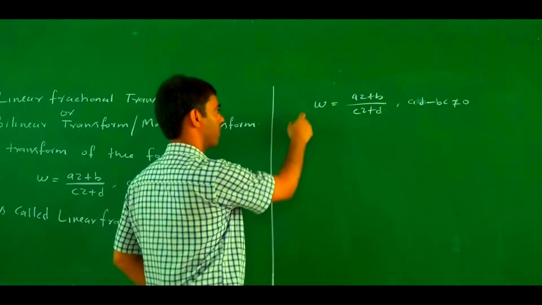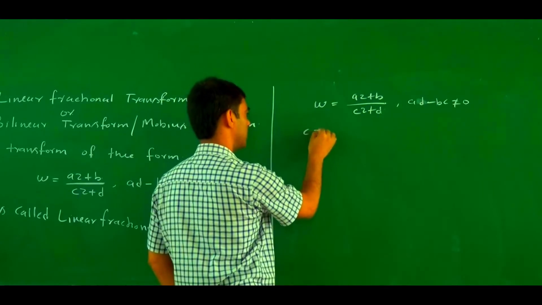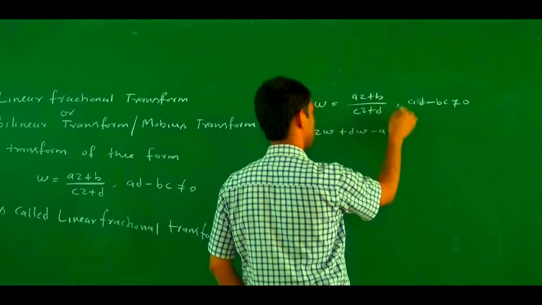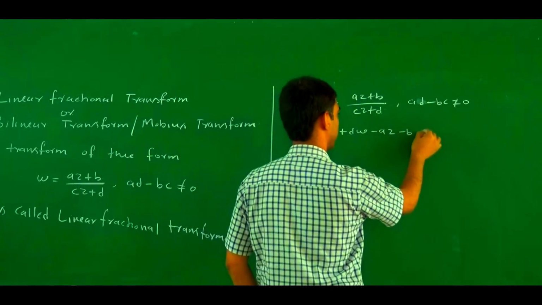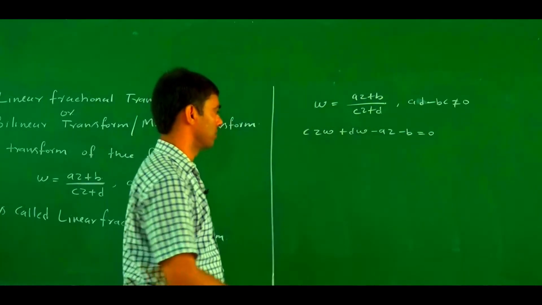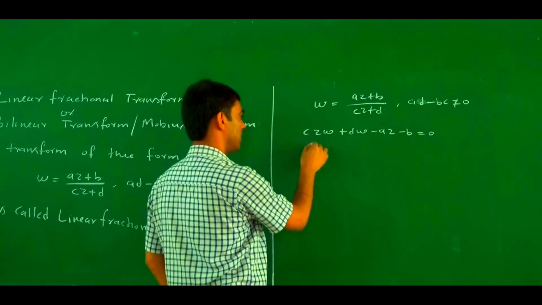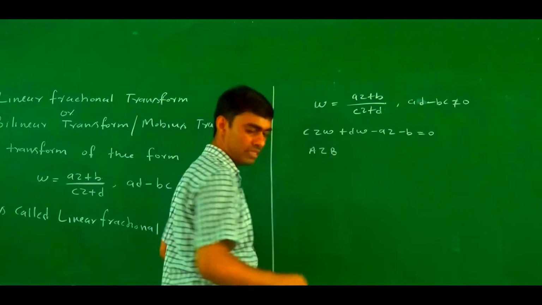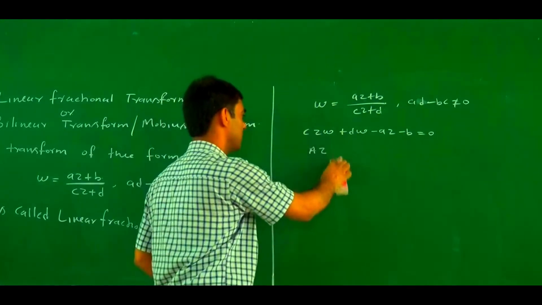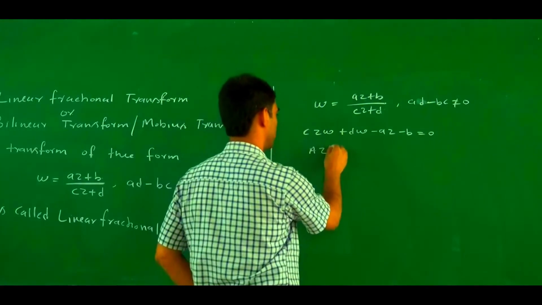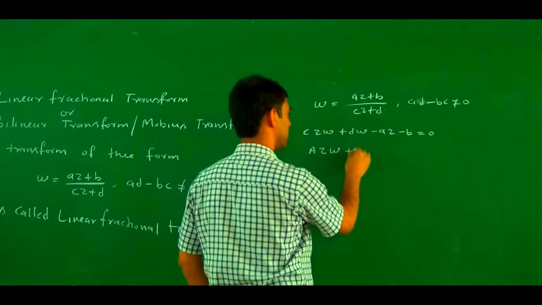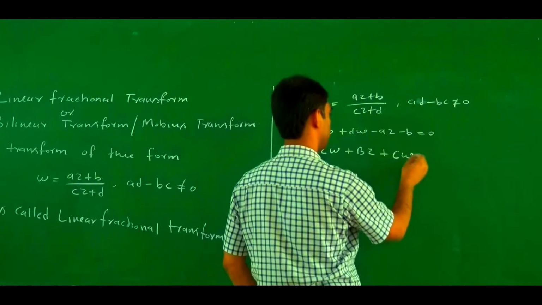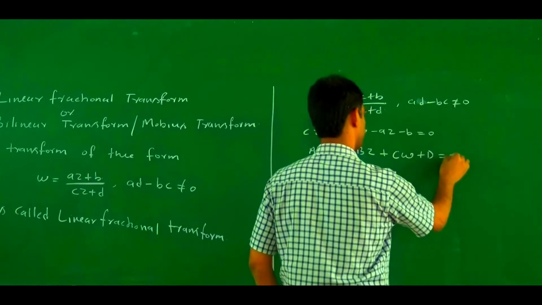If we cross multiply, then this becomes CZW plus DW minus AZ minus B equal to 0.